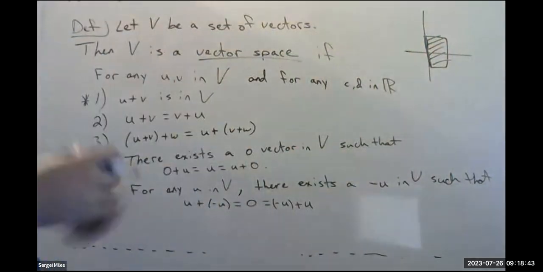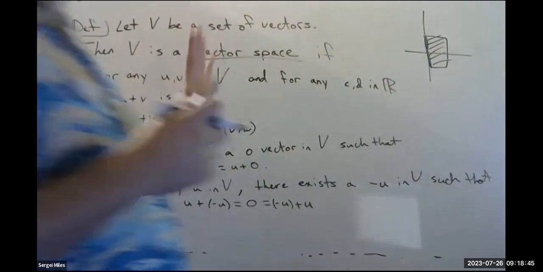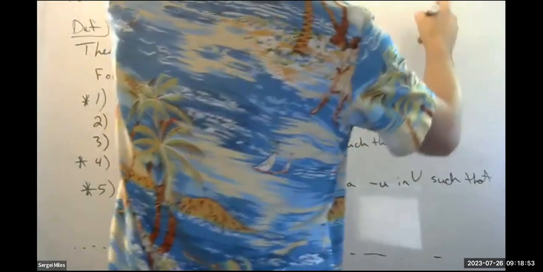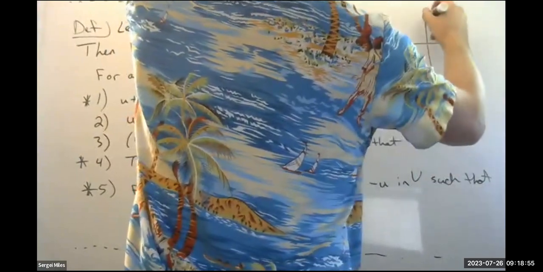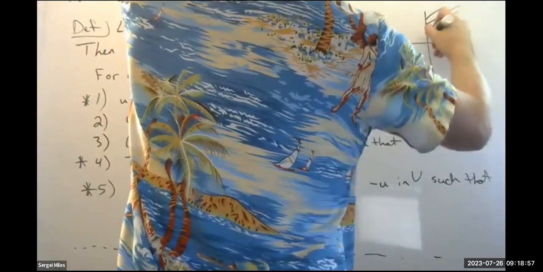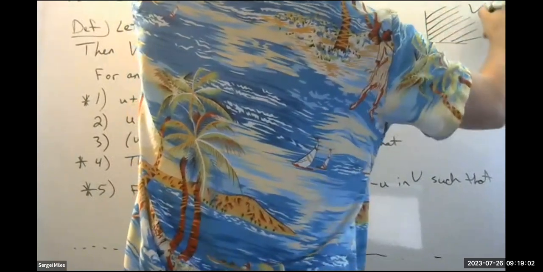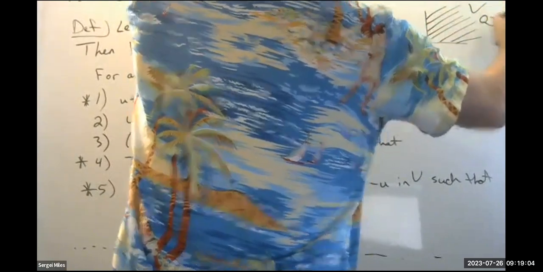This is including these vectors which are on the right side of the x-axis, right? Or actually, better yet, let me give you this example. Let's suppose that V is quadrant 1.